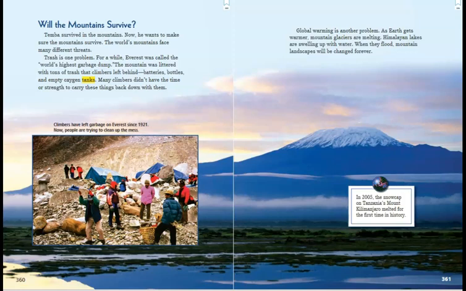As Earth gets warmer, mountain glaciers are melting. Himalayan lakes are swelling up with water. When they flood, mountain landscapes will be changed forever. And our fact box tells us in 2005, the snowcap of Tanzania's Mount Kilimanjaro melted for the first time in history. Yikes.